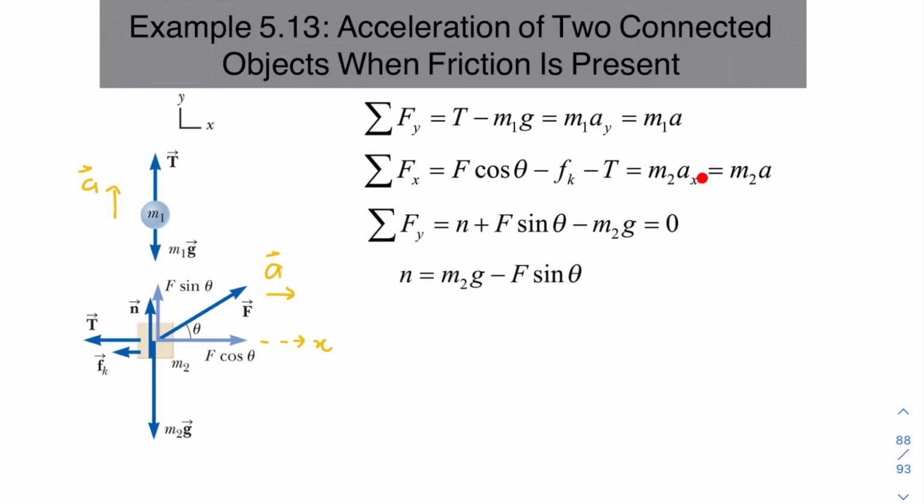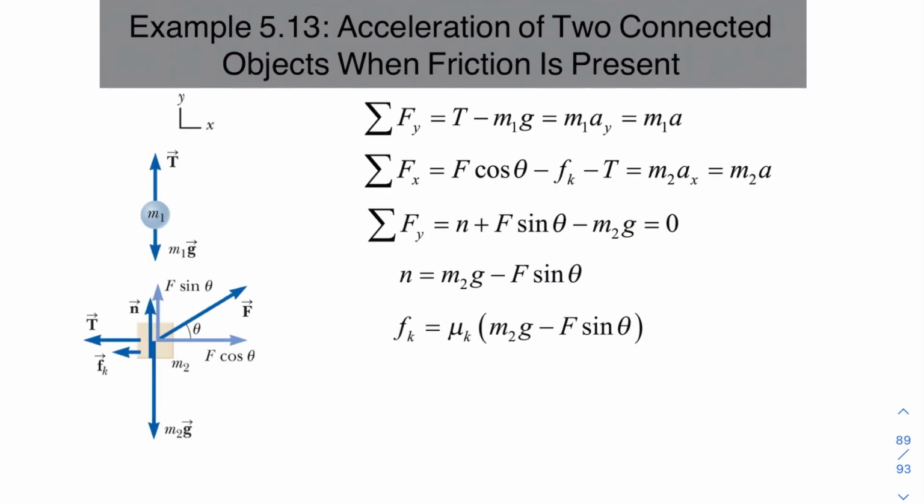Then our a is completely along x. Summation of Fy equals 0 because there is no ay, no motion along the y component. So along y, you have F sine theta positive, normal positive, weight negative because it is pointing downward, equals 0. From here you may rearrange it to get n.